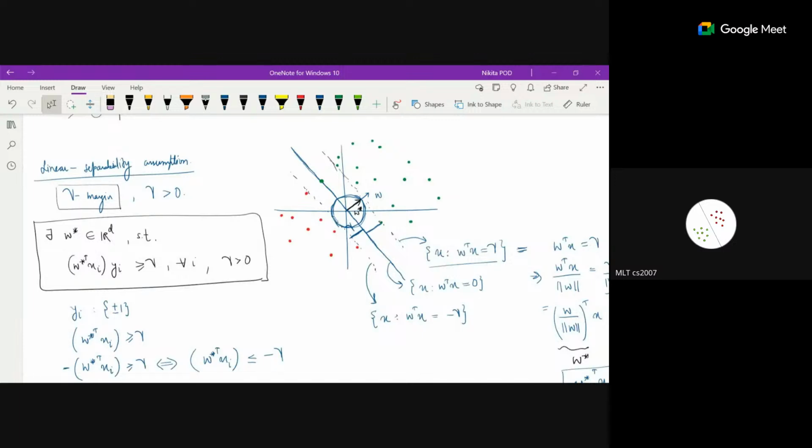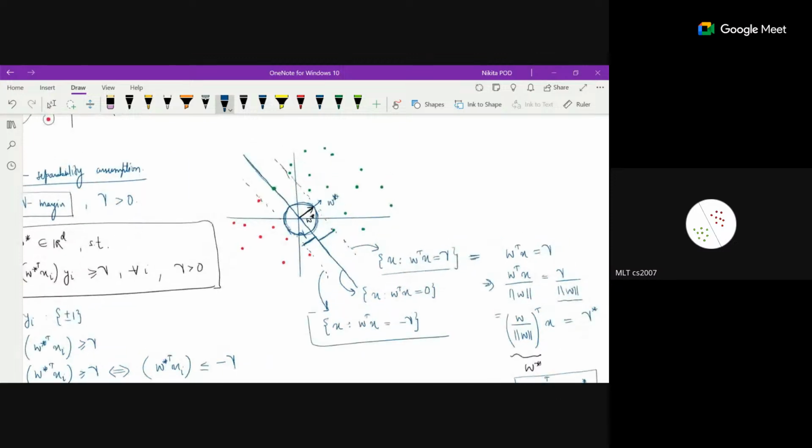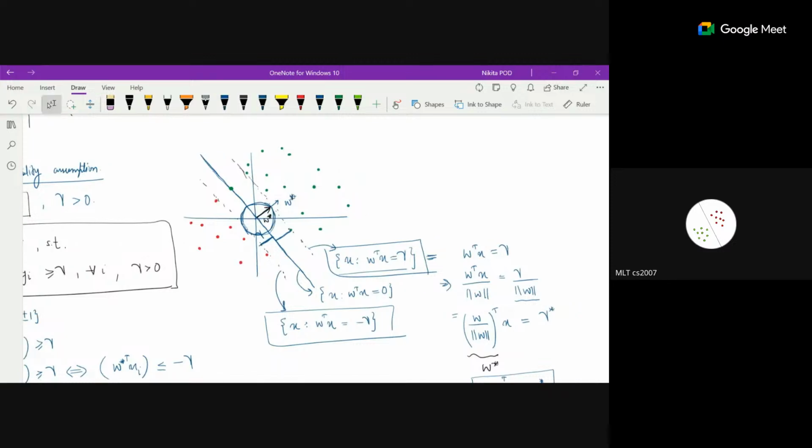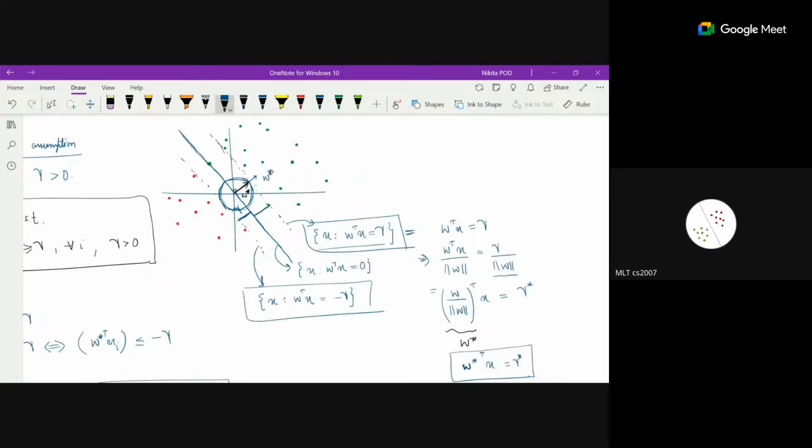According to this definition, this is my W star. For this W star, I had a margin gamma, and I was able to write these two equations, right? Now let's make the length of W, which could initially be anything, equal to 1.